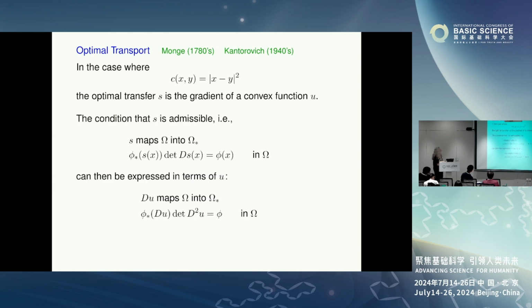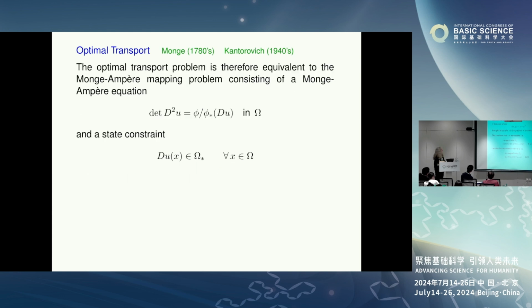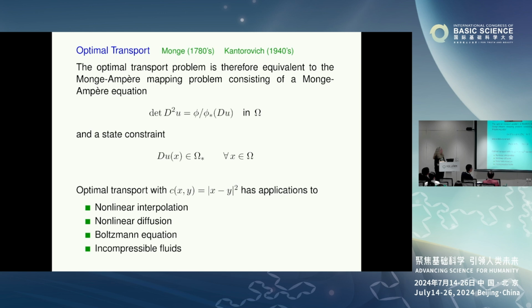The condition that S is admissible can then be expressed in terms of u. The optimal transport problem is therefore equivalent to the Monge-Ampere mapping problem, consisting of a Monge-Ampere equation together with a state constraint. Optimal transport with this particular cost function has many applications.